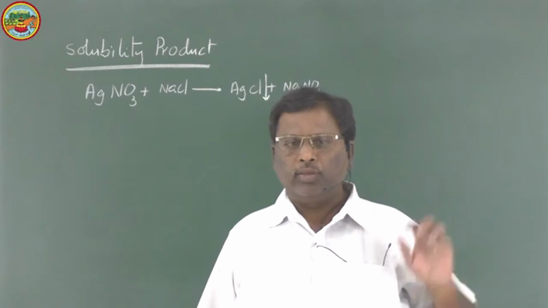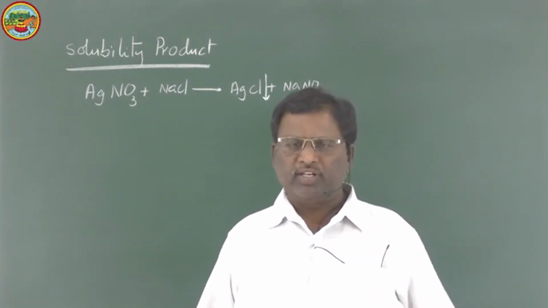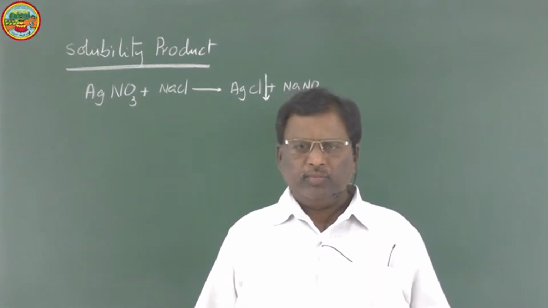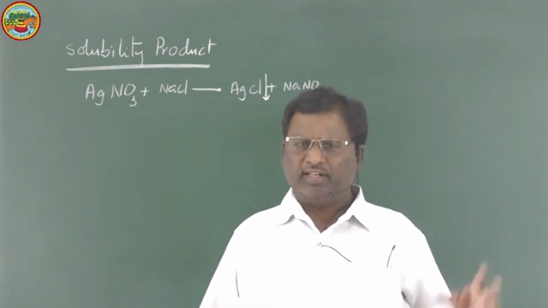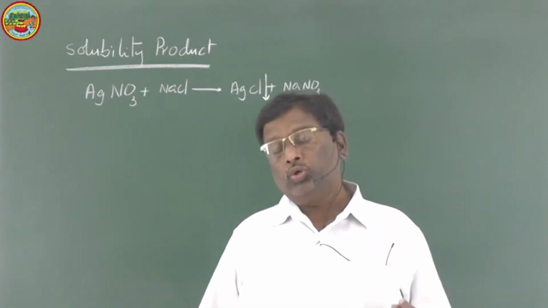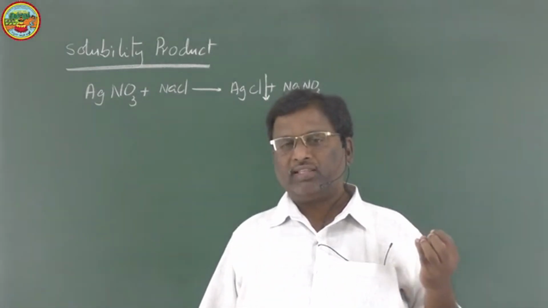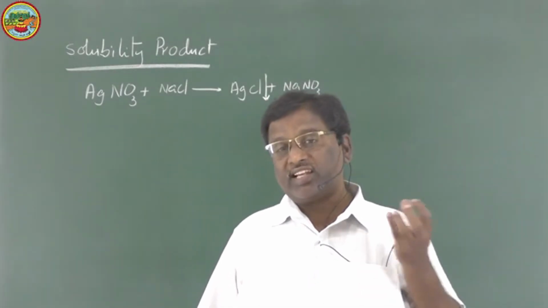Though it is insoluble, whatever the salt may be, there are so many precipitates: BaSO4, CaCO3, BaCO3, all sulfides of the fourth group, they are precipitated. So all such precipitates, though they seem to be insoluble in water, are soluble to a certain extent.